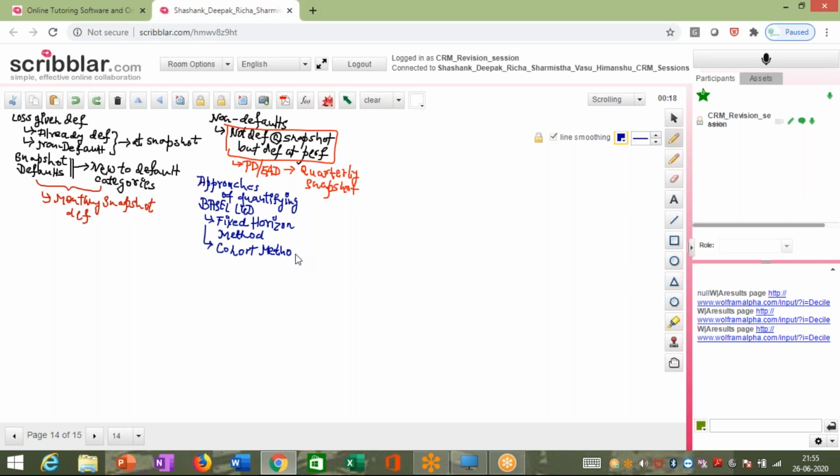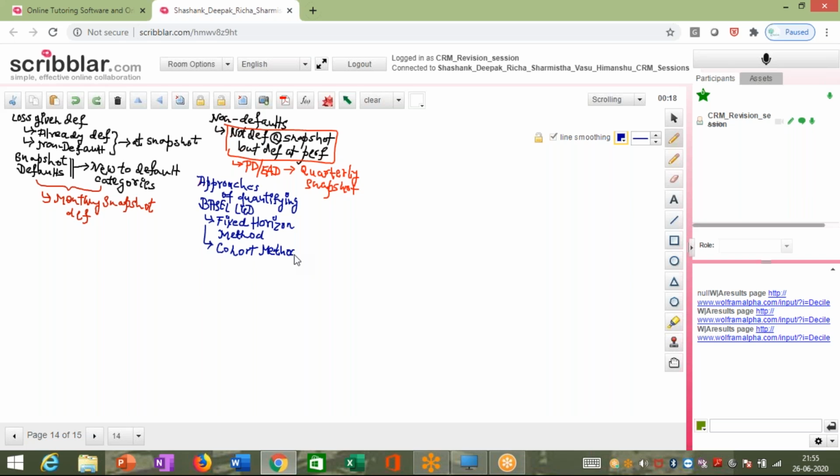The fixed horizon method is applicable mostly to your snapshot defaults. So what does the fixed horizon method do?